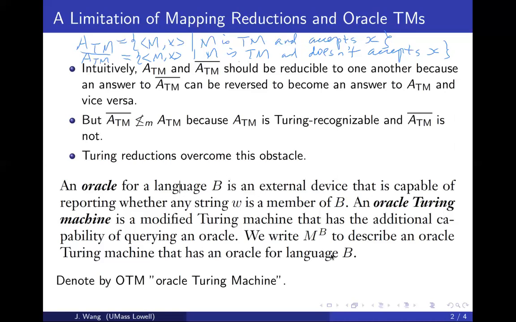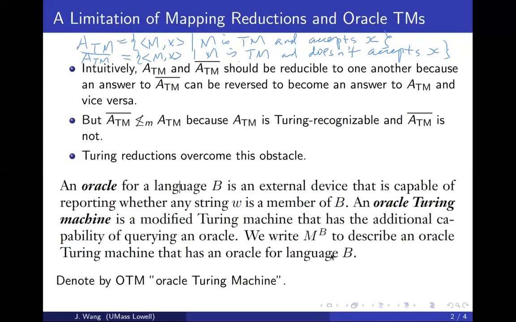So intuitively, these two languages should be reducible to one another, because an answer to the complement of A sub Tm can be reversed to become an answer to A sub Tm and vice versa. So why can't they reduce to each other?